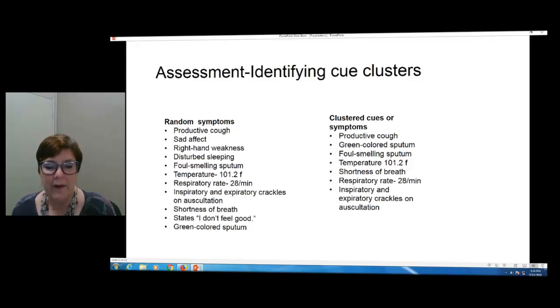It's morning, so they've just gotten up, and with that moving around, they've had a little coughing spell. So you note that there's foul smelling sputum that they have produced. Their temperature is 102.2. They have a respiratory rate of 28 when you know that a normal should be between 16 to 22. They have inspiratory and expiratory crackles on auscultation.